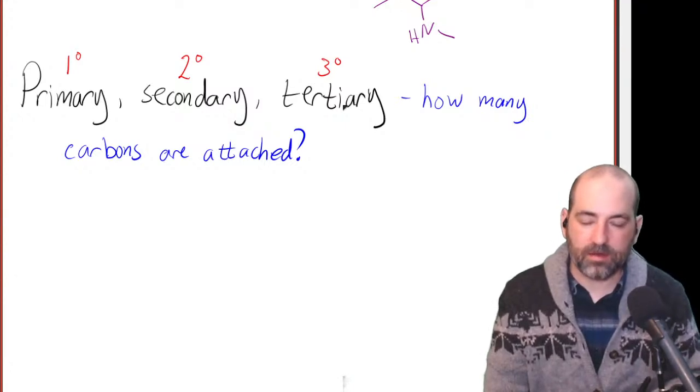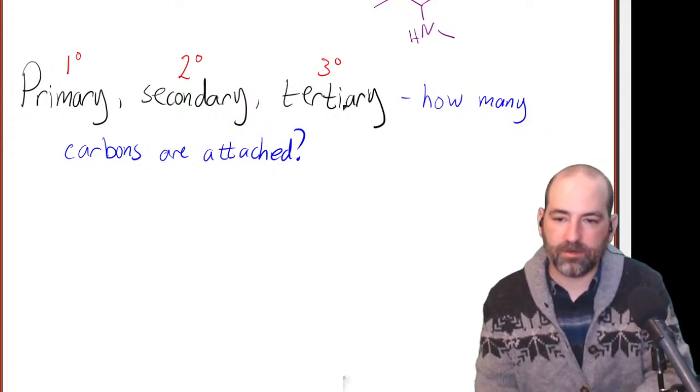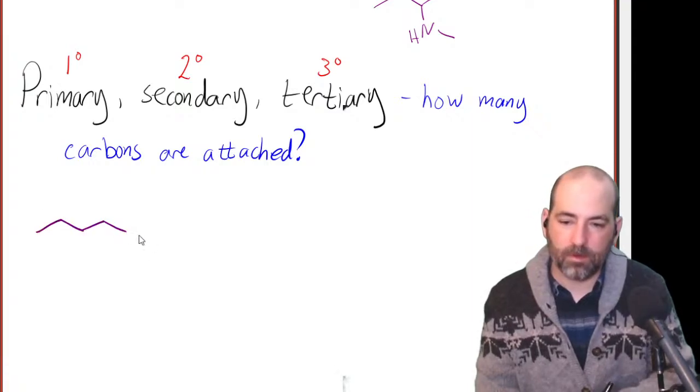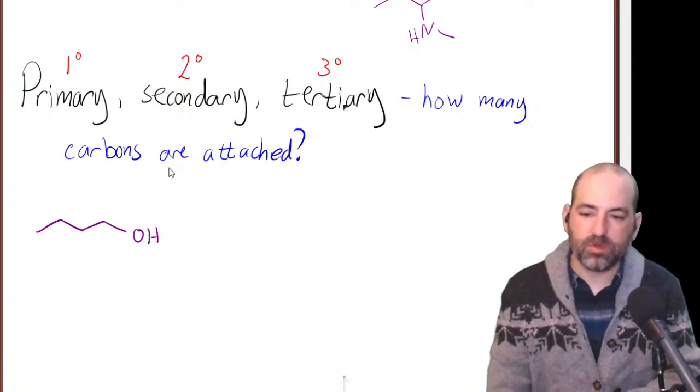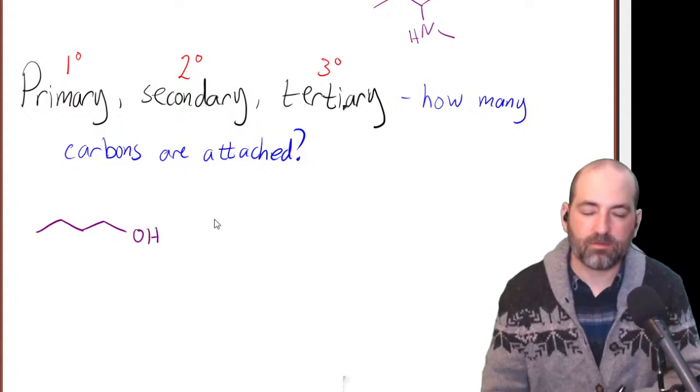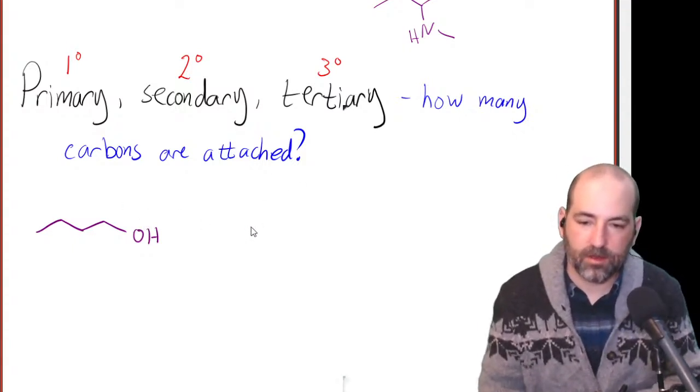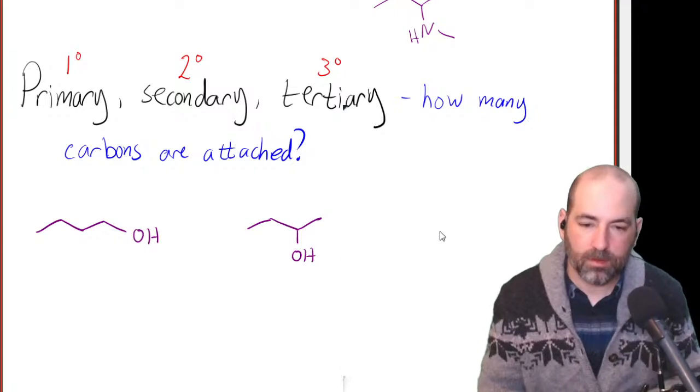So if we had a, let's look at 3 different alcohols here. They're each butyl alcohols. They're butane, so 4 carbons with an OH. So they are isomers of each other.